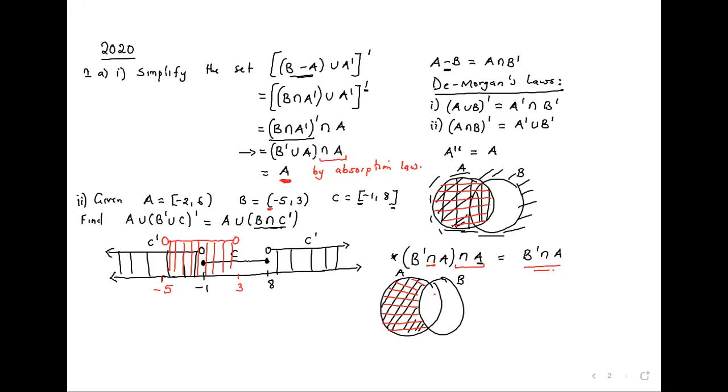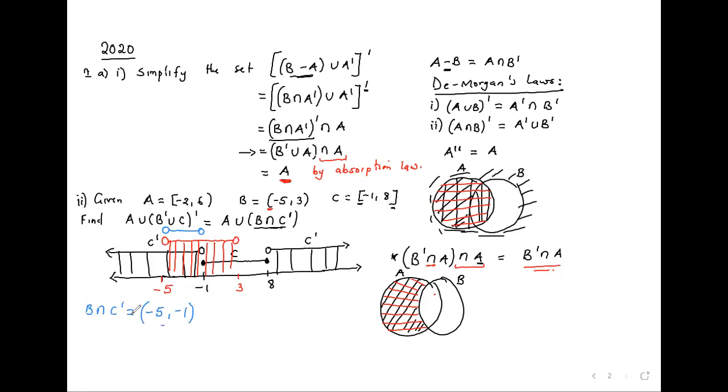What is common is opening here and opening here. So this piece, which is running from -5 to -1, they are all open. This is B intersection C complement, that section.